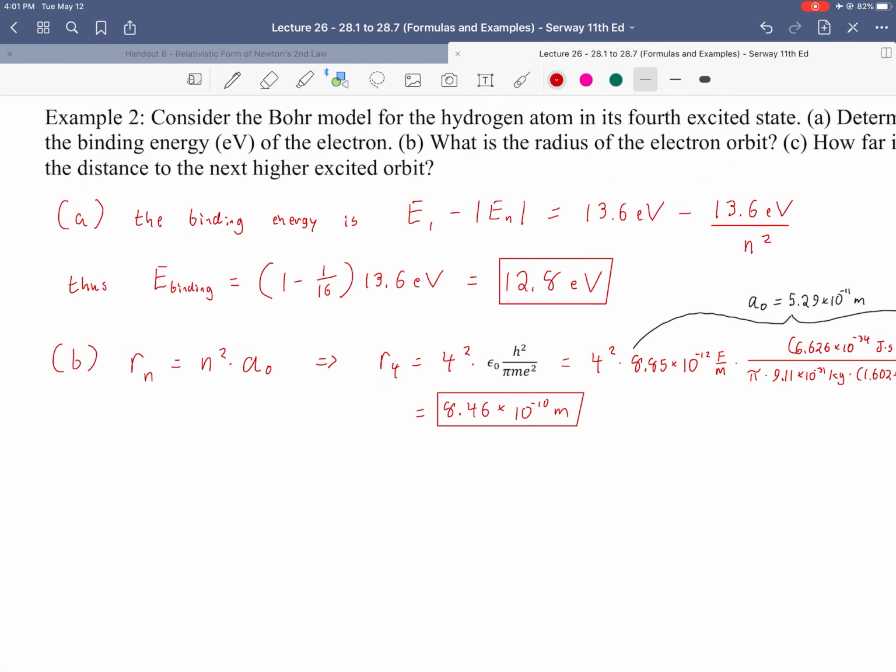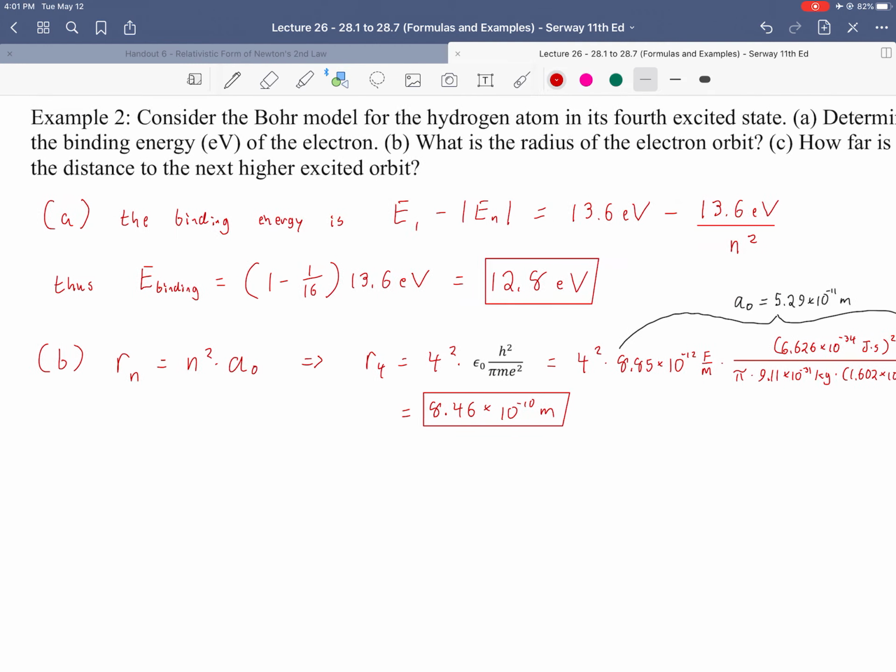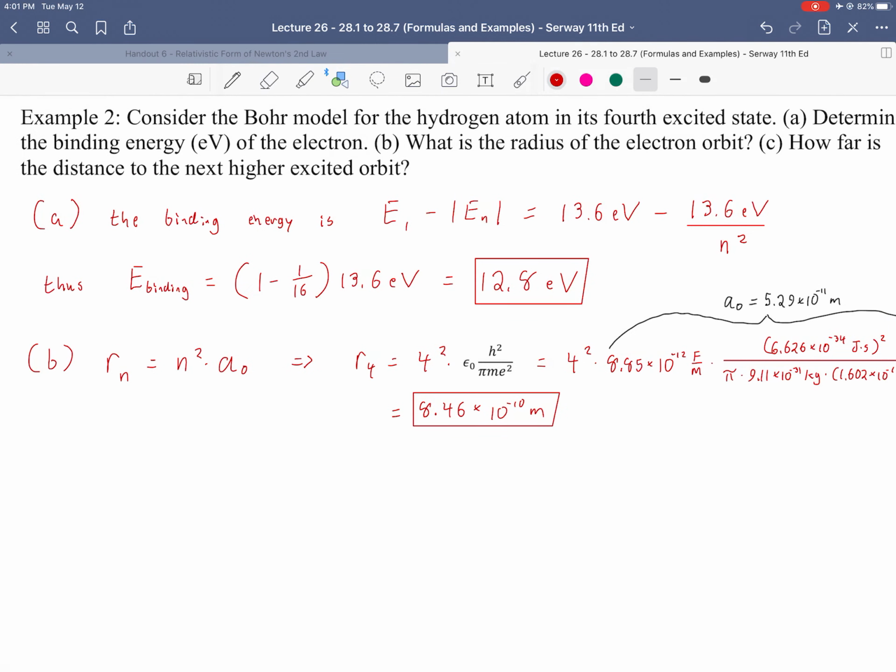Looks good. And in the last step, we're asked for how far is the distance to the next higher excited state. All right, so that would be n of 5. So our delta R, I should say, in this case would be R5 minus R4, which would then just be 25, because that's 5 squared, minus 16 times a naught, right?